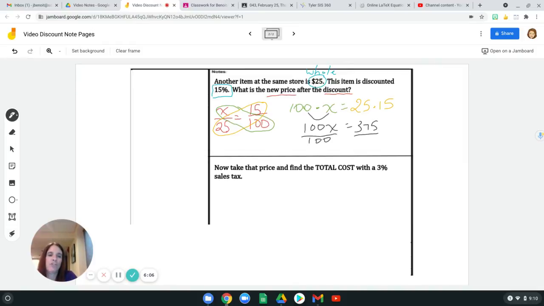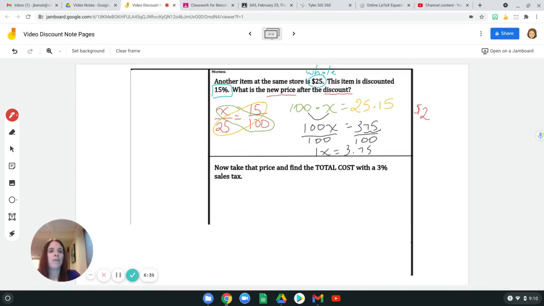I used my cheat sheet that was already done. All right, now here, again, don't use a calculator. Your decimal point is here after the 5. Dividing by 100 means move your decimal two to the left. So our discount is $3.75. This discount is much less than the other one, but the item already costs less than the other one. This item's only $25, right? The other item we did was $130.